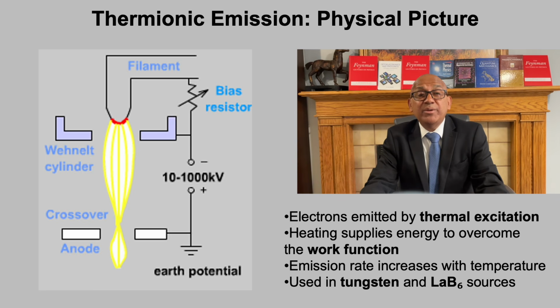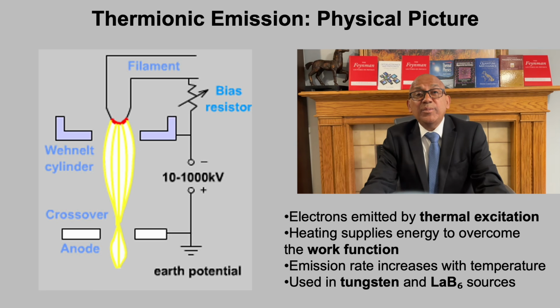Because emission is driven by thermal energy, thermionic sources are generally robust and stable, but the emitted electrons exhibit a broader energy distribution and lower brightness compared to field emission sources.